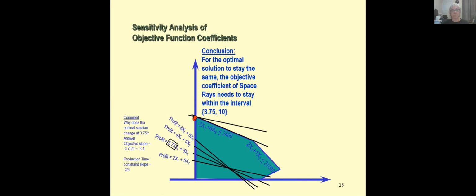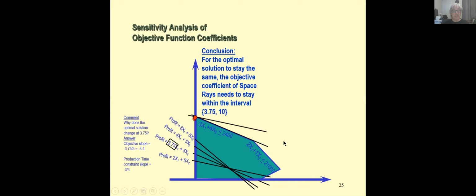So now it starts rotating in the other direction, and at a certain point, it will hit the other constraint here. So this new point here will become also optimal. And if the rotation continues, only this extreme point will be optimal, the one I'm on.